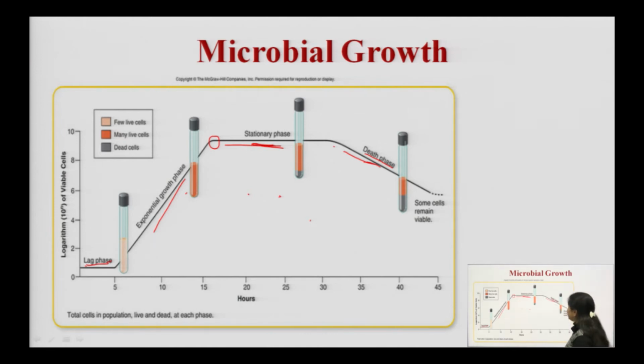Now how can we determine the count of bacteria? As we are saying that the number of bacteria is going on increasing or decreasing, but what is the procedure to count? Is it possible to quantitatively estimate the number of microorganisms, the number of bacteria which are growing?